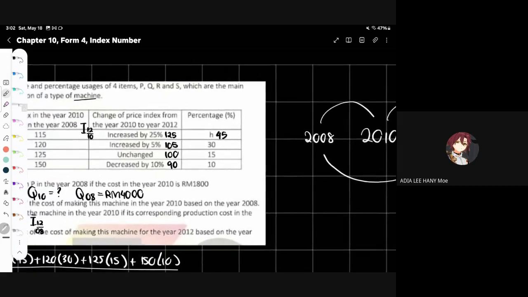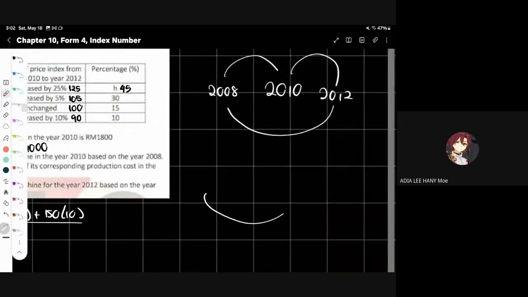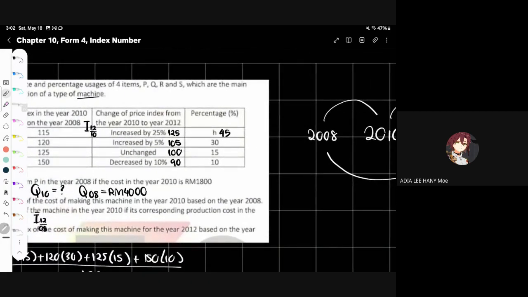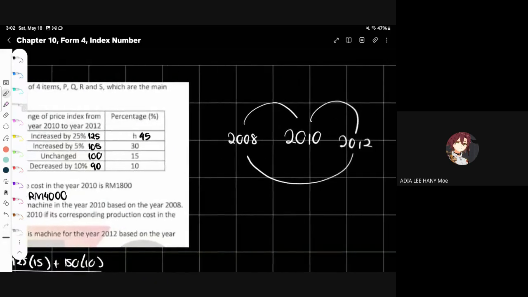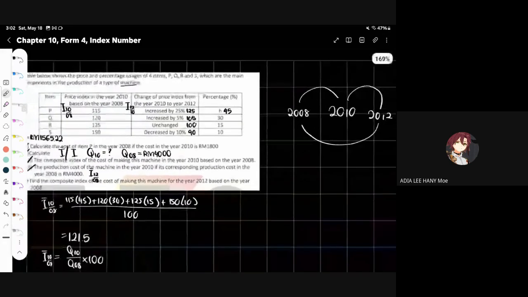So how do we shortcut this, instead of doing 4 smiley faces? Because we know we have to times and then divide by 100.